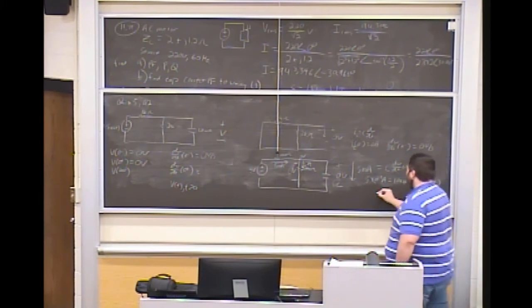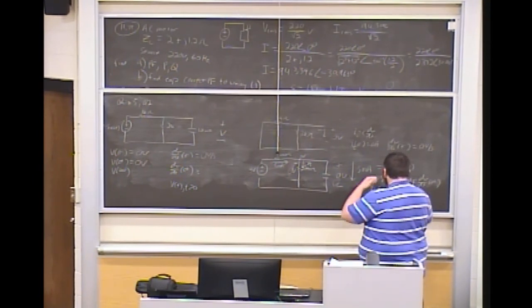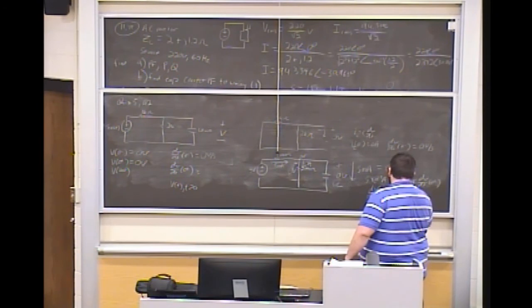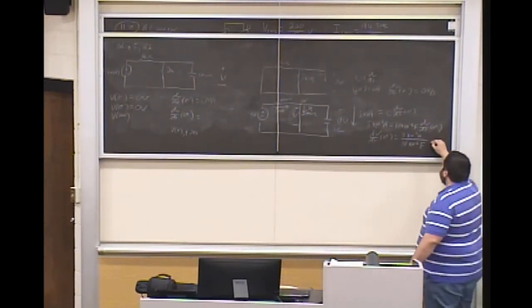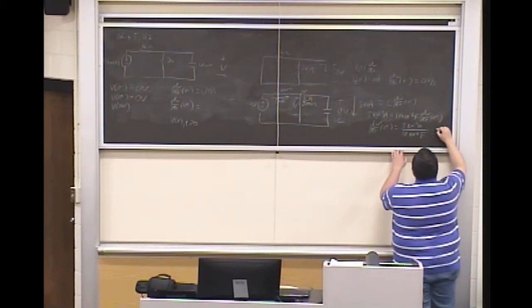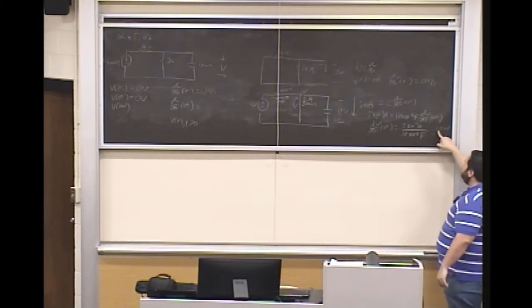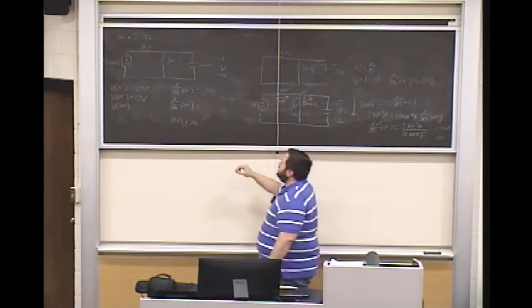And so therefore, dV/dt at 0 plus is going to equal 5 times 10 to the negative 3 amps divided by 10 times 10 to the negative 6th farads. This works out to be 0.5 times 10 to the third, or 500 volts per second.